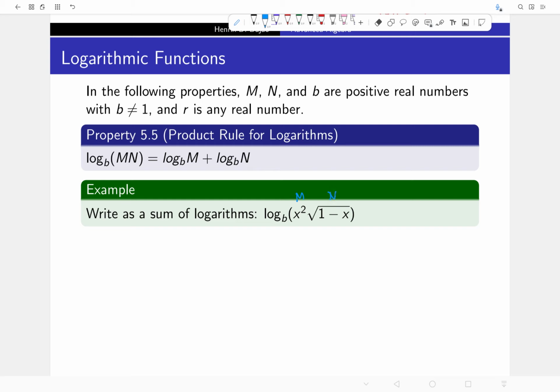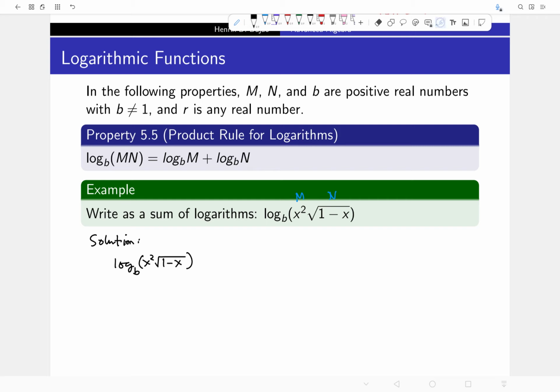We apply this one, so this becomes the log with base b.